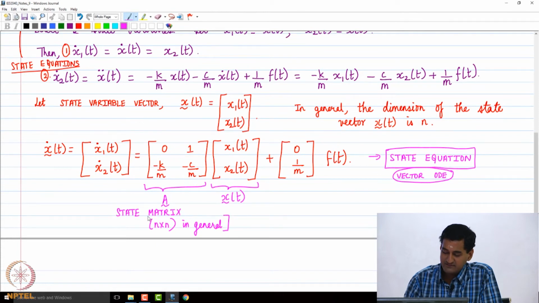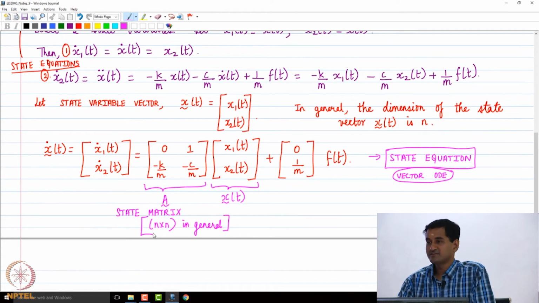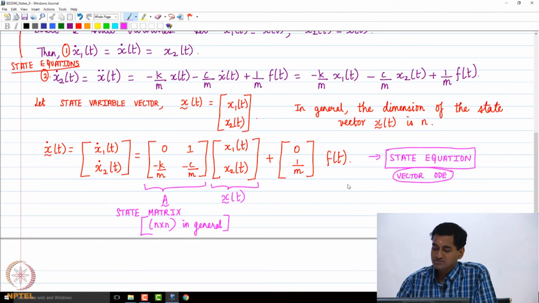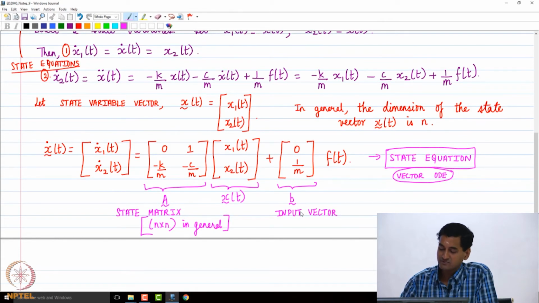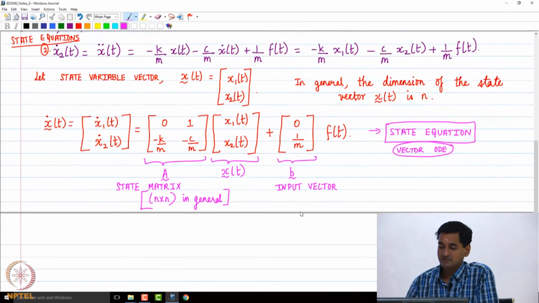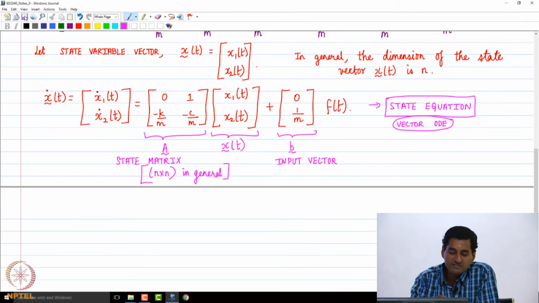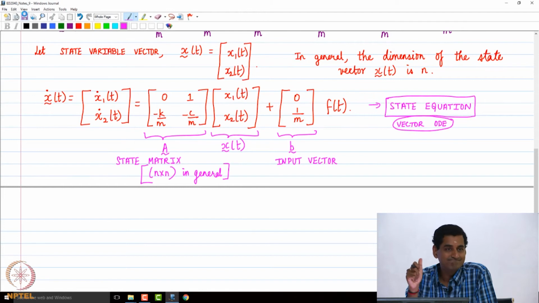The size of the state matrix would be n by n in general. So, for SISO systems, this vector is denoted by a vector b, which is called as an input vector, denoted by lowercase b.